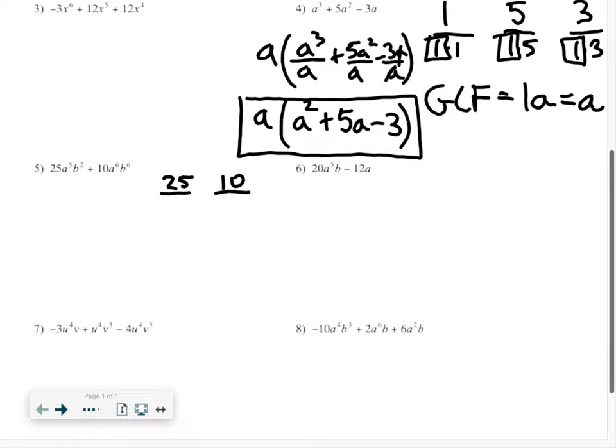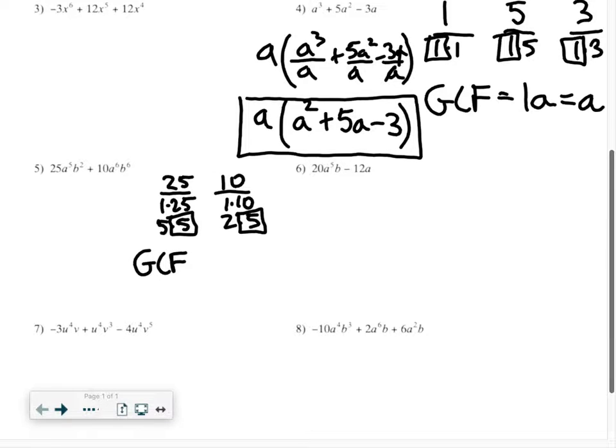Some of you are probably getting pretty good at this, but if you'd like to list all factors, for 25 it's 1 and 25, 5 and 5. For 10, 1 and 10, 2 and 5. So the GCF is a factor of 5.